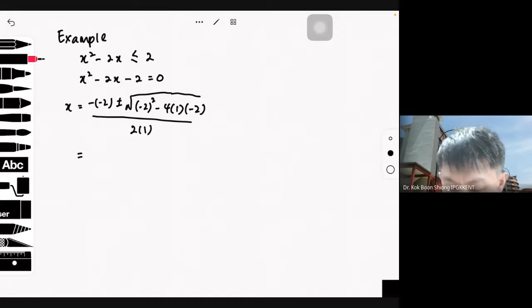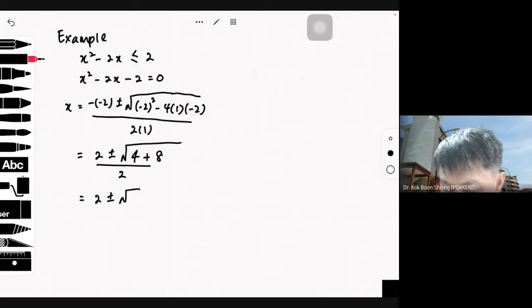So this is 2 plus or minus the square root of 4 minus negative 8, so plus 8, over 2, which is the square root of 12 over 2.